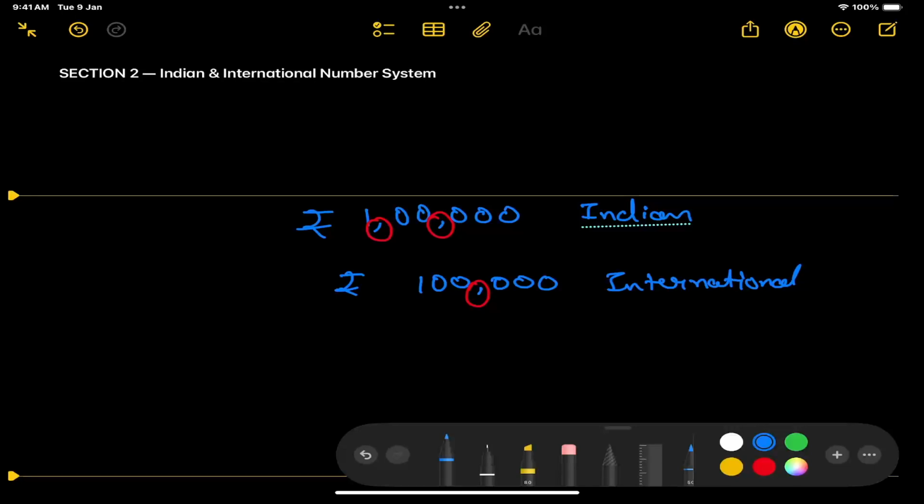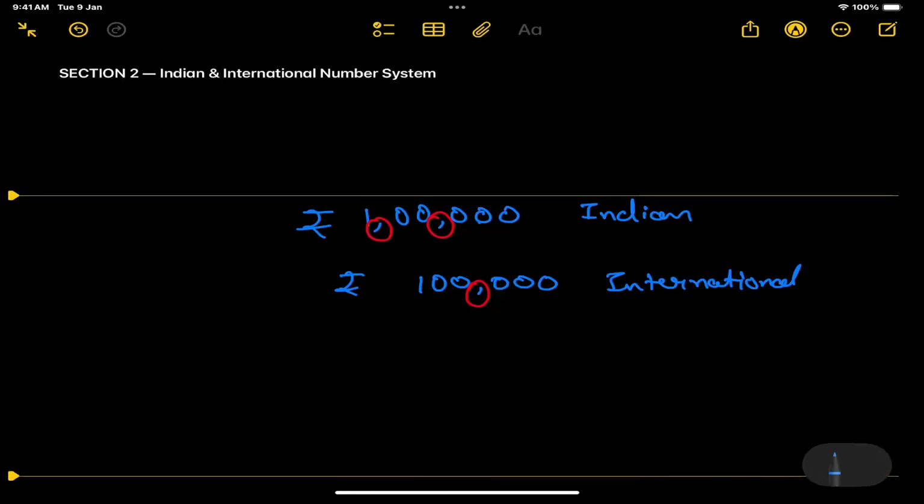When you see the commas in Indian number system, the first comma comes after ones, tens, hundred. It comes between thousand and hundred. The same is the case with international number system. The first comma comes between thousand and hundred, right?